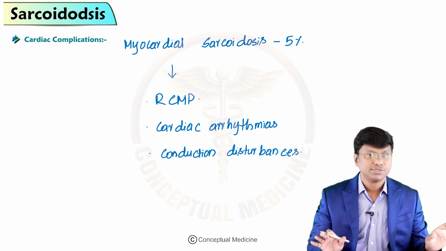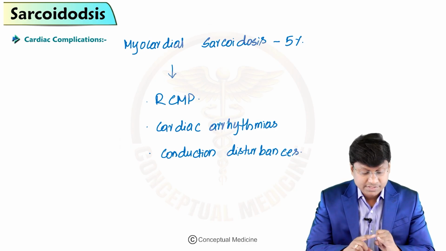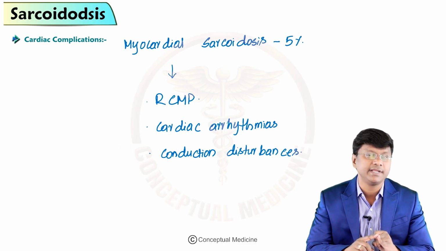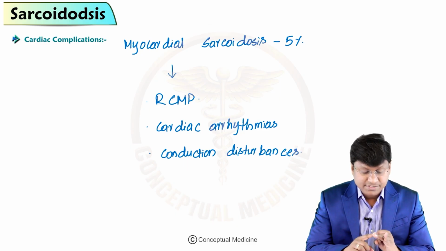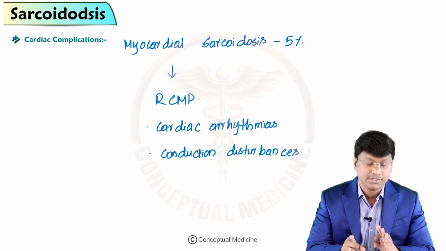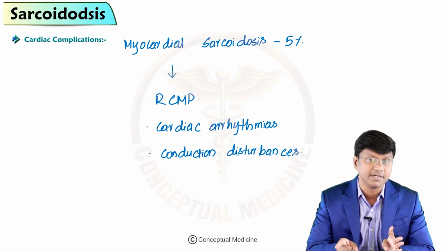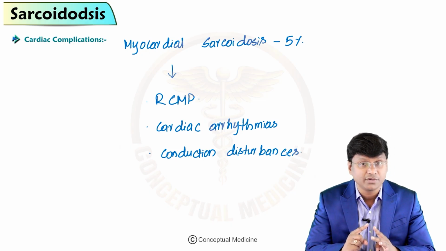So with this, I'm done with the topic of sarcoidosis. To summarize, sarcoidosis is a disorder characterized by non-caseating granuloma, and if there is presence of bilateral hilar lymphadenopathy, that is strongly suggestive of sarcoidosis. Lung involvement is the most common, in the form of interstitial lung disease, and the other organs affected apart from lung are the eye, and the skin in the form of lupus pernio.